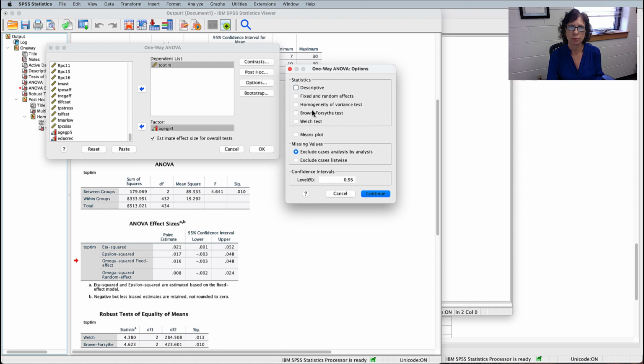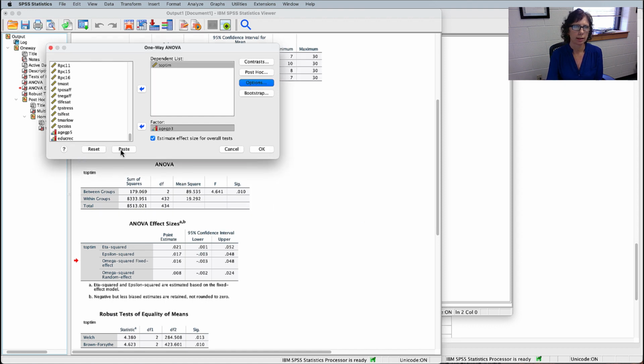So we can leave all those off. You can add them on if you want to, but it's fine to leave them off because we're running the same outcome and same predictor. All we've changed is the contrast here, and we're not using post-hoc. So we will continue and then paste.